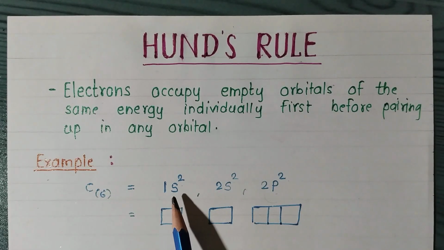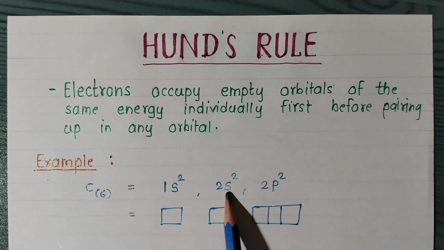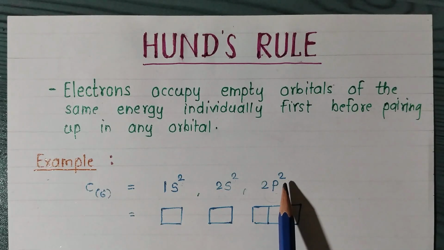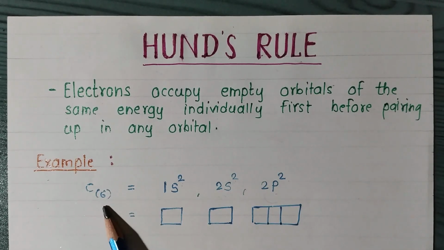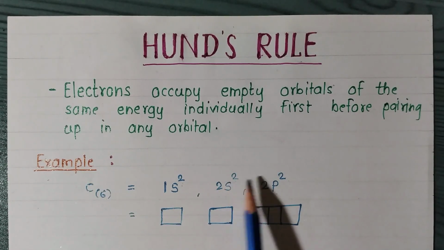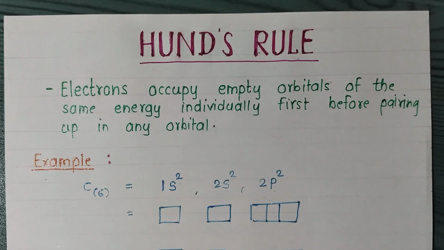As we know, the s orbital has a capacity of maximum 2 electrons, the p orbital has a capacity of maximum 6 electrons, but here in carbon only 6 electrons are present, so that's why we write 2 plus 2 plus 2, 6 electrons in this way.